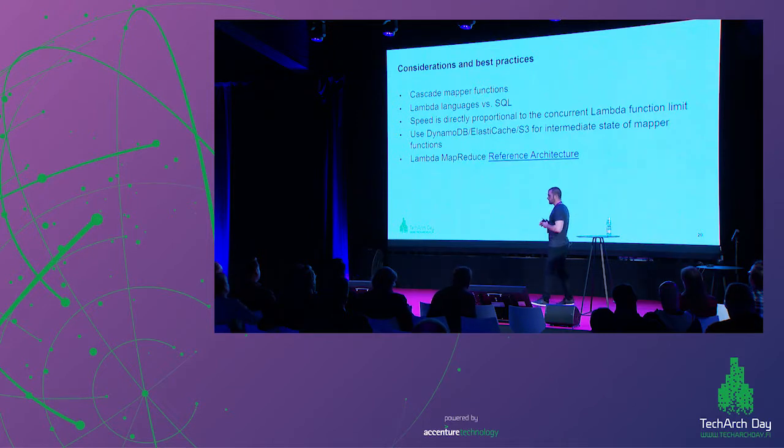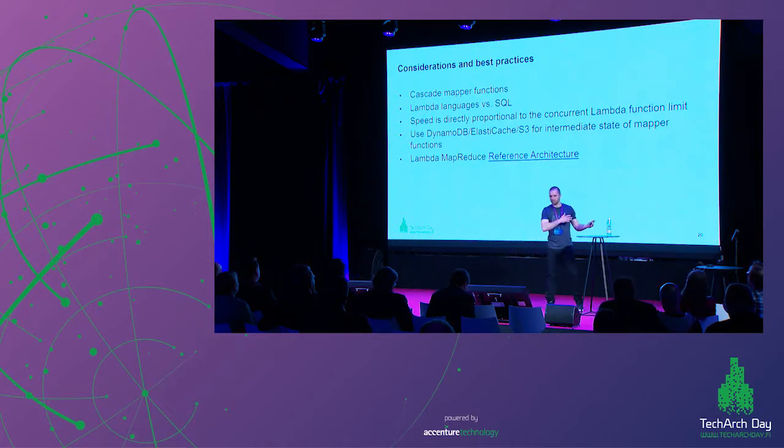The second thing we see very often in big data workloads using Lambda is that customers forget that a Lambda function has this power button. Your Lambda function can go from small memory to up to 1.5, so 128 megabytes to 1.5 gigs. And really consider that memory as a power button, because the more you increase the memory, the CPU and the networking associated with that Lambda function will grow proportionally with the memory.